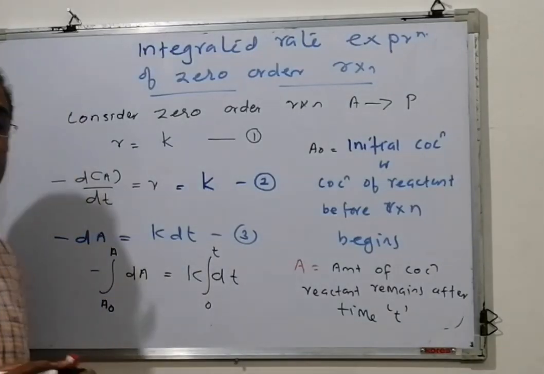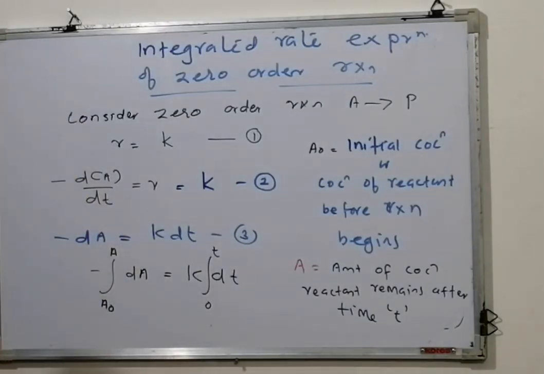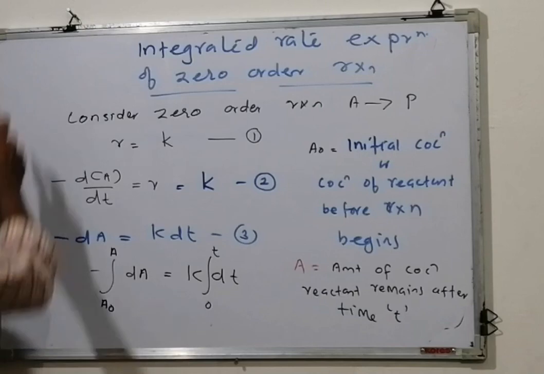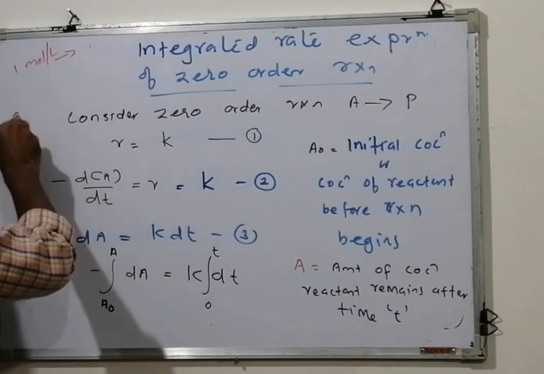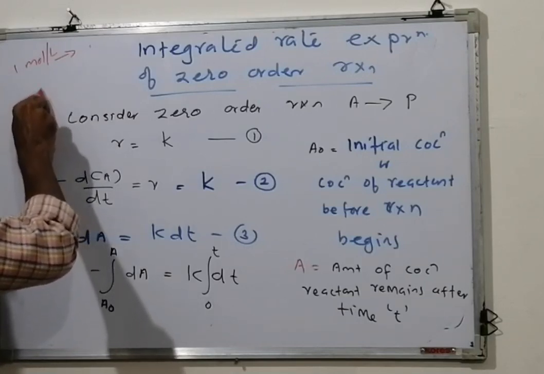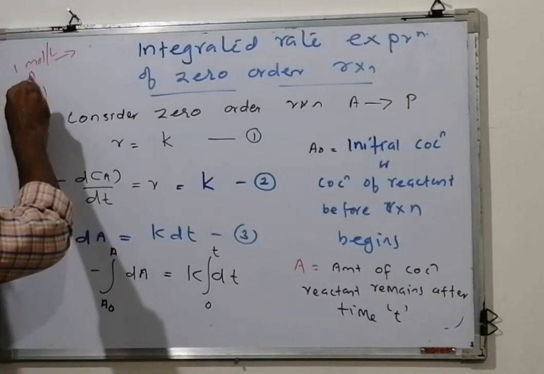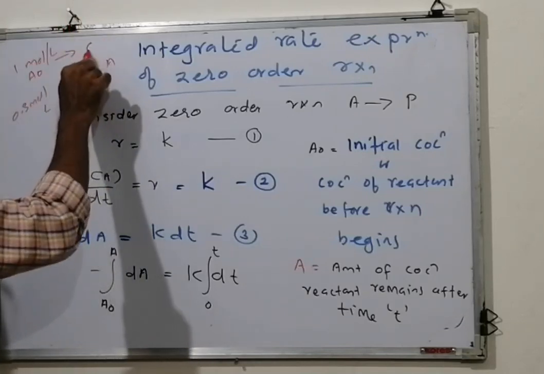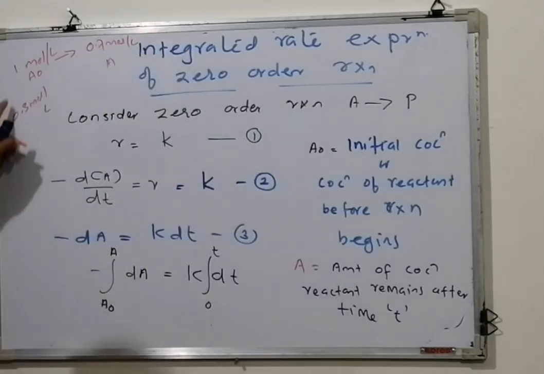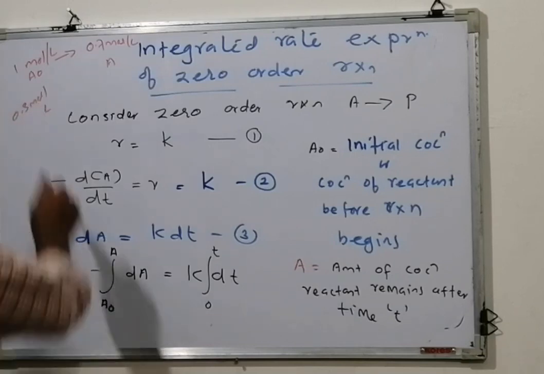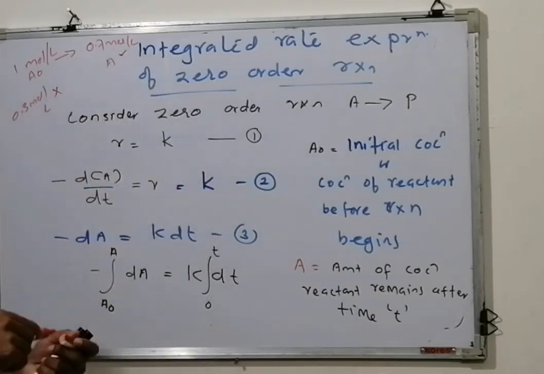Suppose you have taken 1 mole initially, that is A0, 1 mole. After 20 minutes, 0.3 mole per liter reacted. Therefore, this is A0. What is A? 0.7 mole per liter. A is not 0.3 mole per liter. Not this, but this.